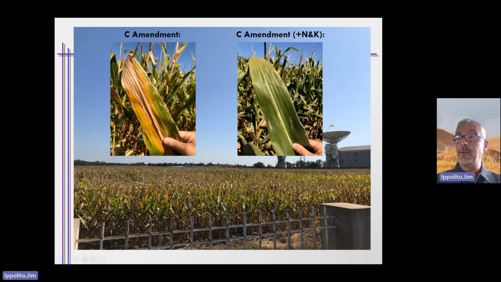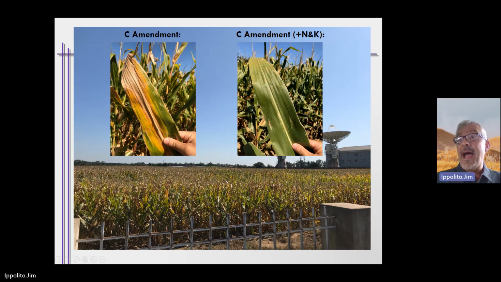So they applied carbon in parts of this field, and then they applied carbon in the form of biochar, plus nitrogen or potassium. The portions of the field that just received the carbon amendment alone, the lower leaves showed classic nitrogen deficiency symptoms, while in the portion of the field that received both the carbon amendment plus nitrogen or potassium, no problem.